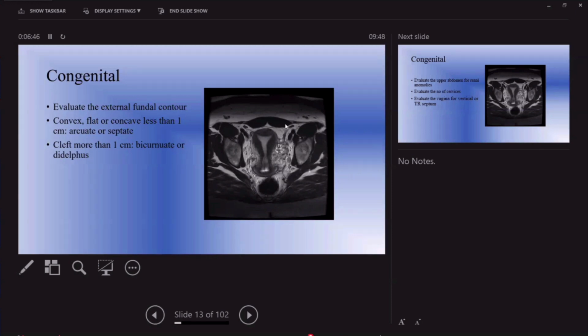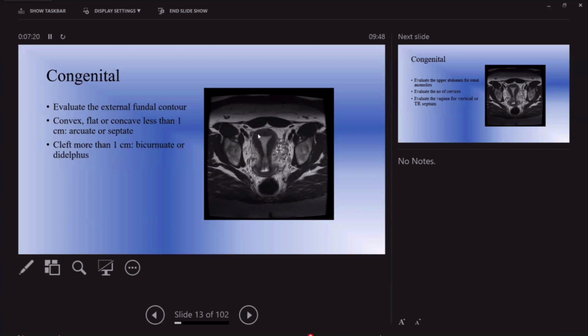Next step, if it is abnormal, am I dealing with an arcuate or septate uterus? And what is the difference between the two? The difference is the thickening of the myometrium at the fundus. If you have a convex outer contour and a little dip here, you measure the distance from here to here. If the measurement is less than 1 centimeter, then you are dealing with a normal or arcuate uterus.